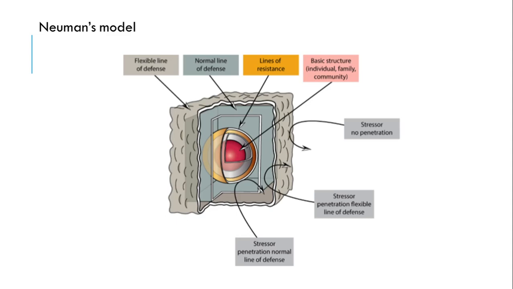Flexible line of defense helps the body to adjust to the situation that threatens the imbalance within the client's stability. For example, if a germ invades the body, our immune system tries to destroy it. So we can take those reactions as flexible lines of defense. These stressors may be physical, psychological, or sociological.